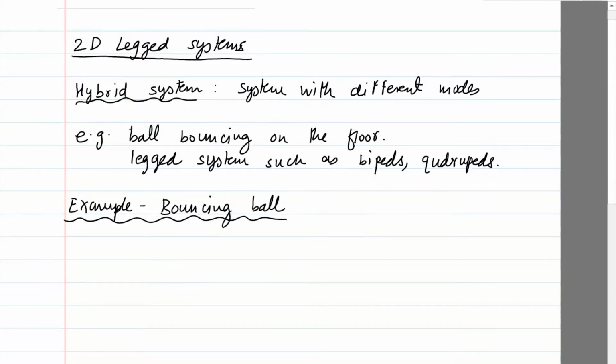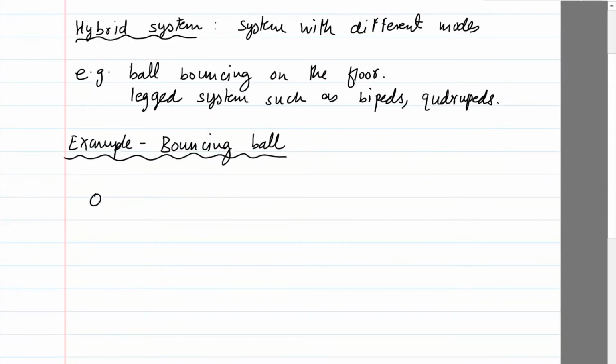So what is this? Well, if you throw a ball in the air, then it'll fall down. At some point of time, it'll hit the ground, and then it'll bounce up to a certain height, then fall down, and keep doing that till it eventually comes to rest. So bounce one, bounce two, and so on till it comes to rest.